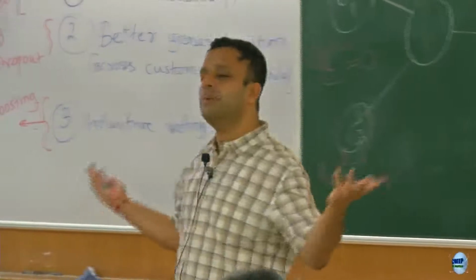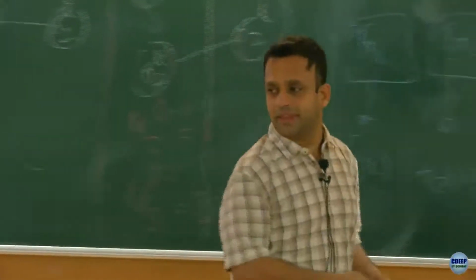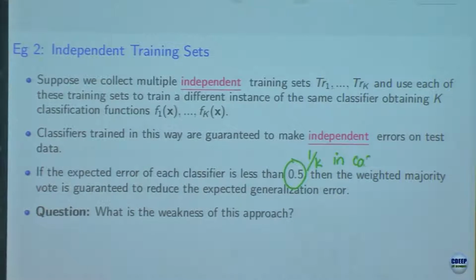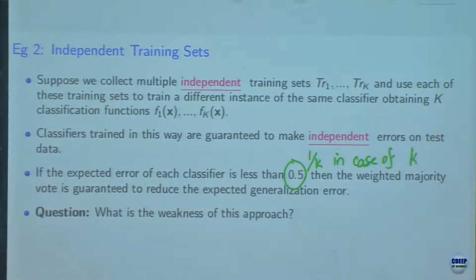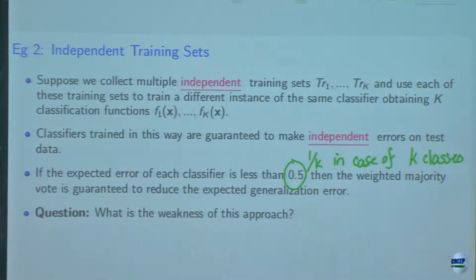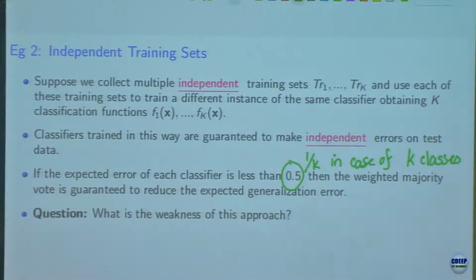If it's k classes, it will be 1 by k. So if the expected error of each classifier is less than 1 by k in the case of a k class classifier, then the majority vote is guaranteed to reduce the expected generalization error.